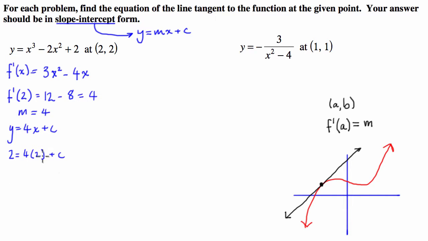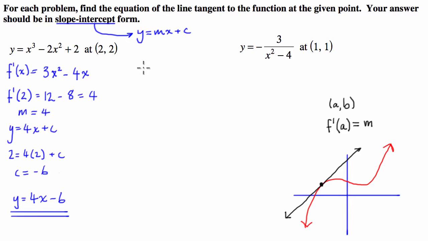Then we just solve for c. We have 8 here, 2 here, so c is going to have to be minus 6. So we've got m equal to 4, and our tangent function is 4x minus 6.